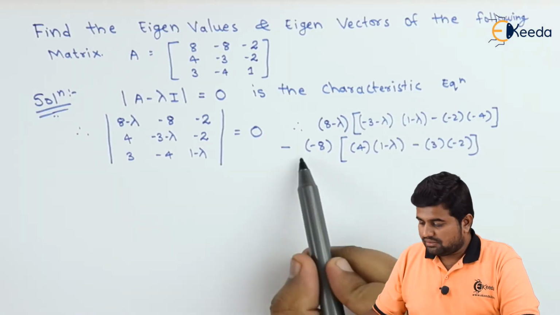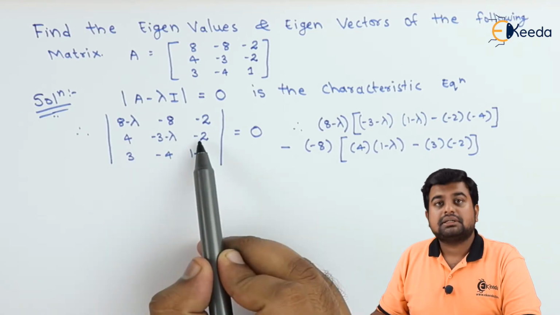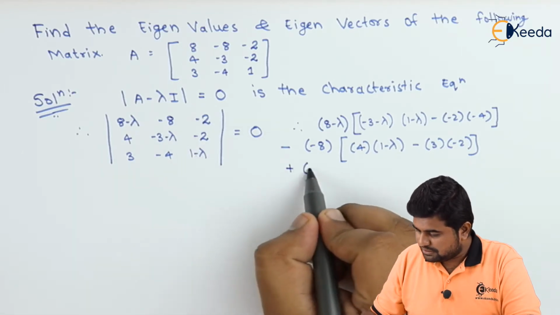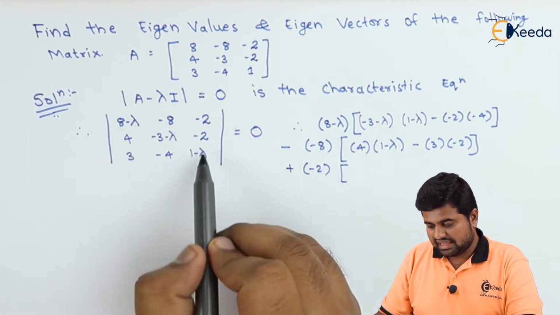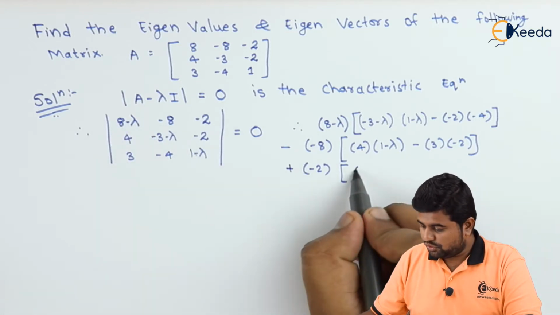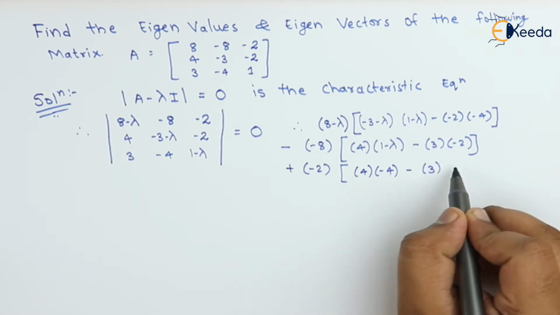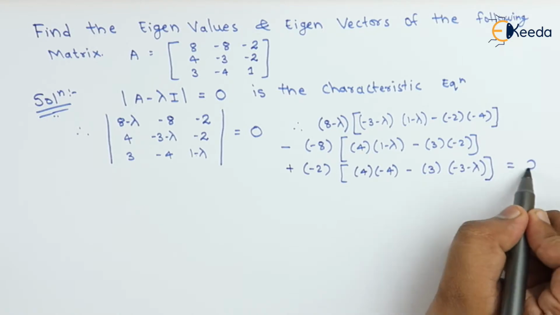So we have got minus 8 into 4 into 1 minus lambda minus 3 into minus 2, and minus 2. This is plus minus 2 into, we leave the first row and third column, and we are left with 4 into minus 4 minus 3 into minus 3 minus lambda is equal to 0.